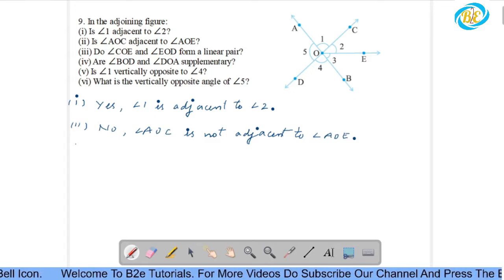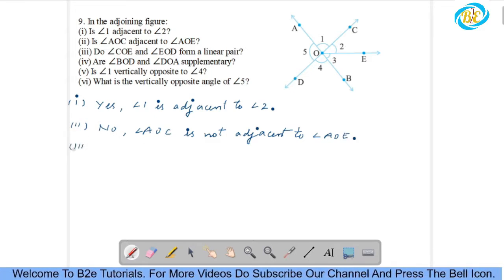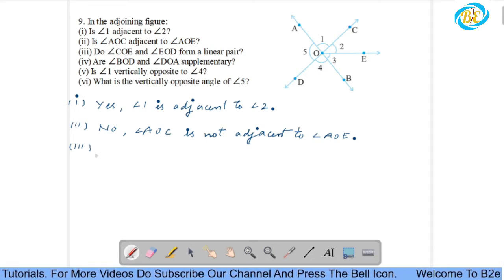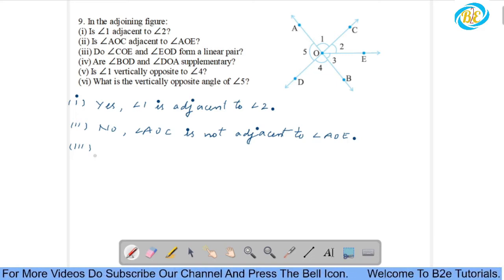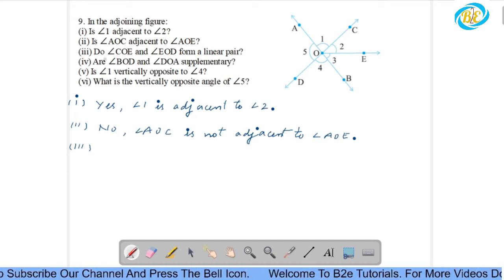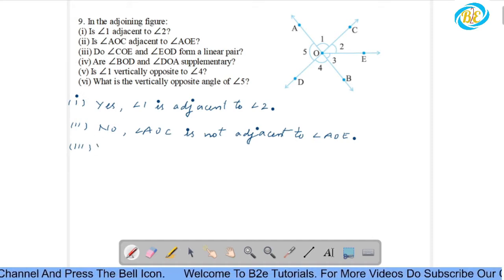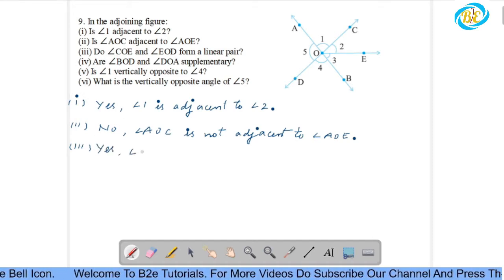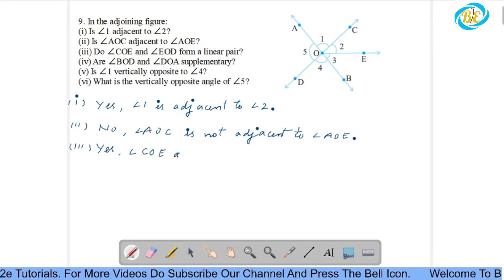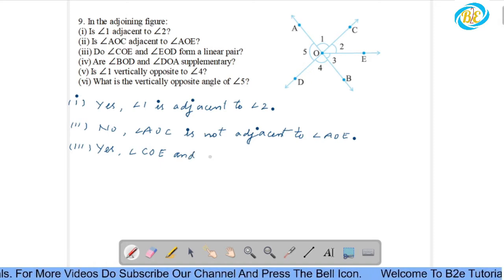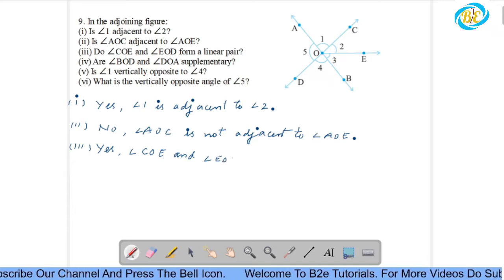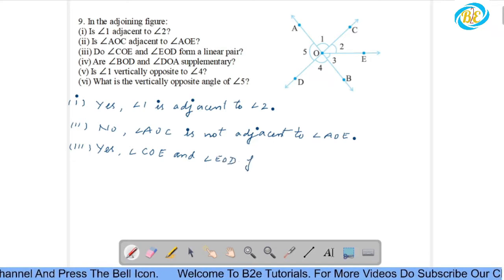Now come to third part. Angle COE and angle EOD forms a linear pair? Yes. Angle COE and angle EOD forms a linear pair.